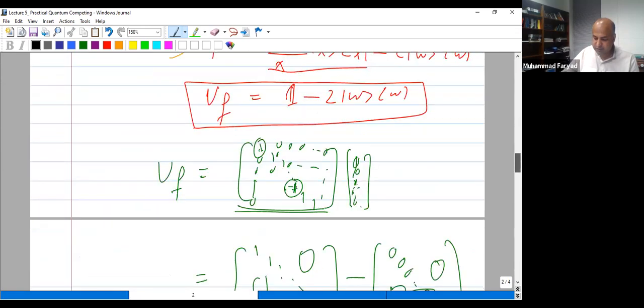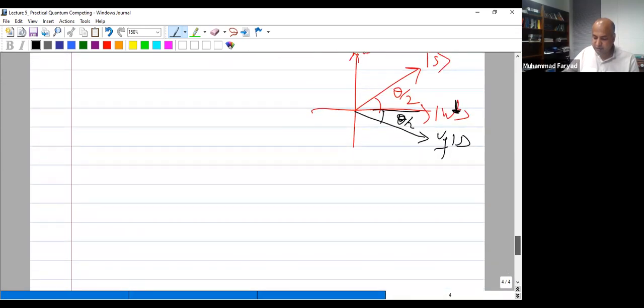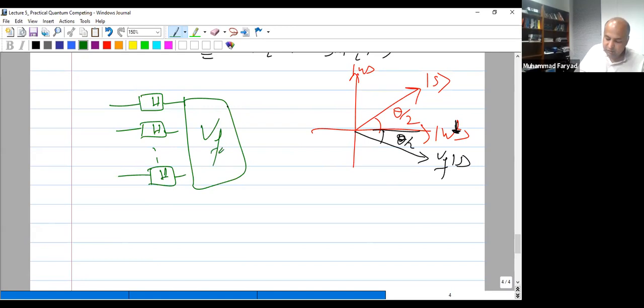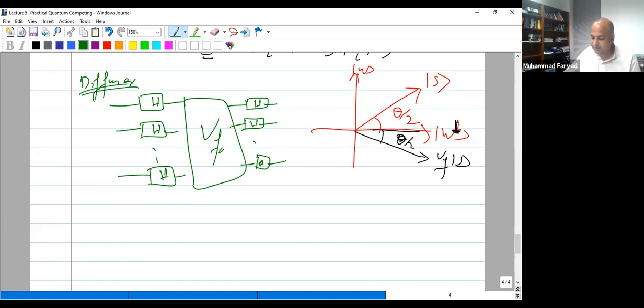This part is, by the way, called the diffuser. This part where we have H into UF naught, this is called the diffuser because this sort of diffuses the state.